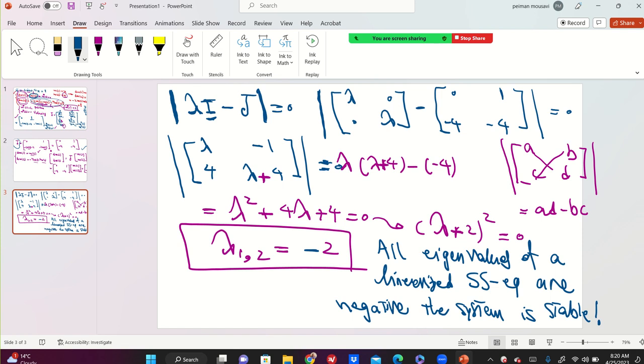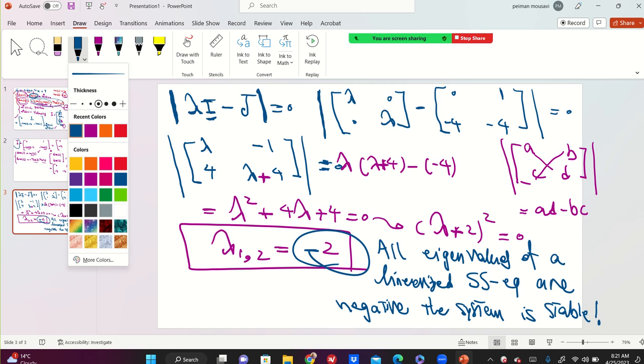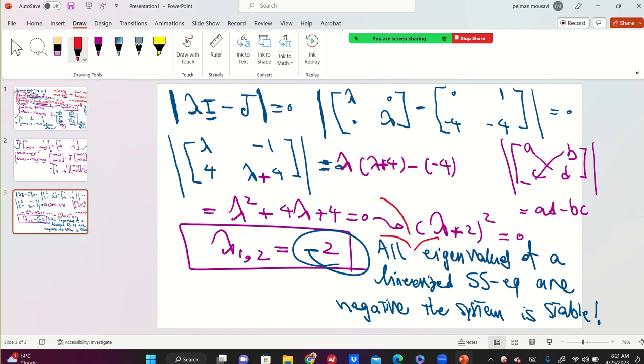Here we go. So your system is stable because both are minus 2. Or if I want to write it more accurately, if all real parts of the eigenvalues of this are negative. Here it is a real number, so we don't care. Understand, everybody?